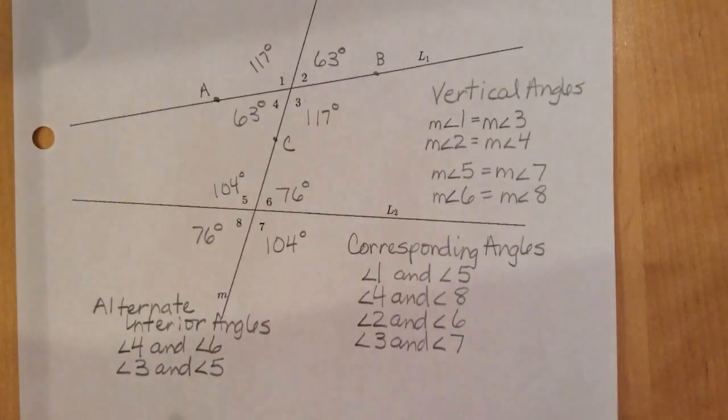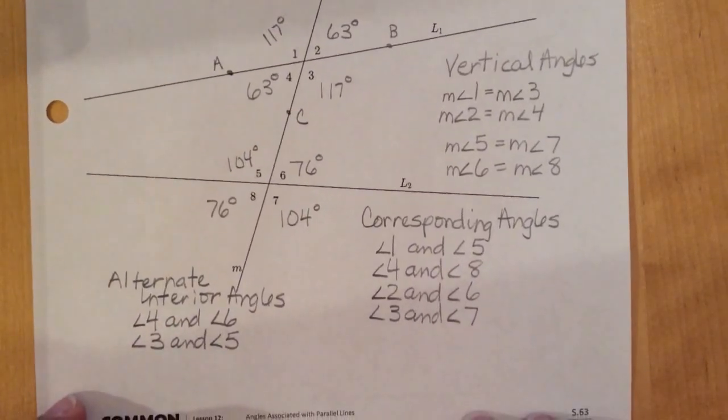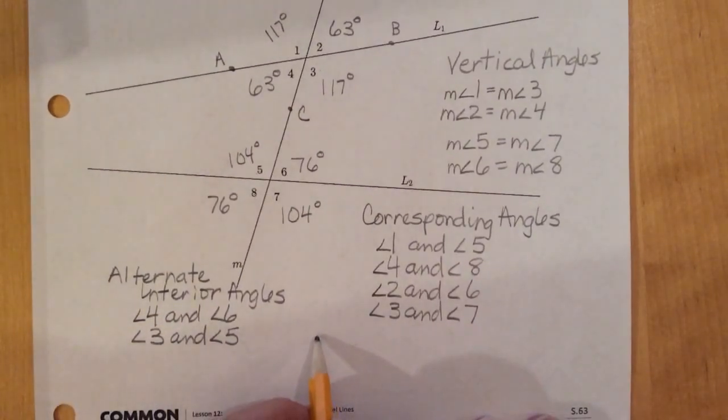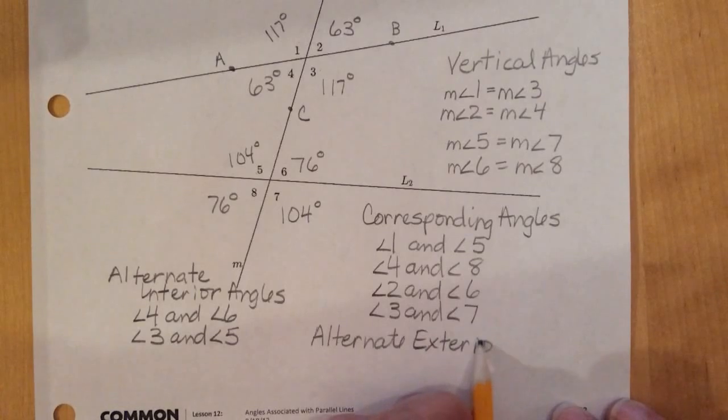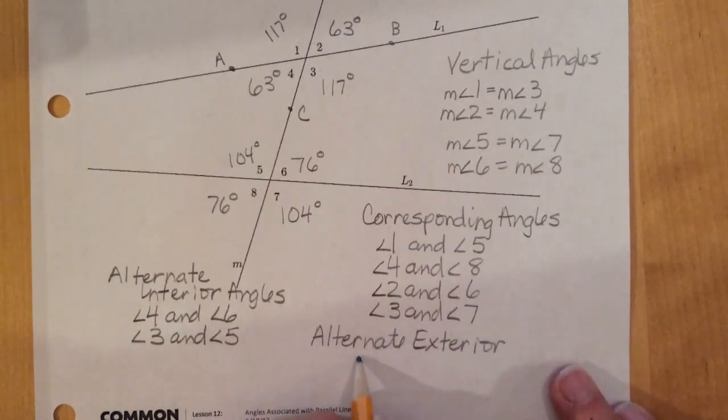Okay, so then we also have alternate exterior angles. These are exterior because they're on the outside of our two lines that we're talking about.